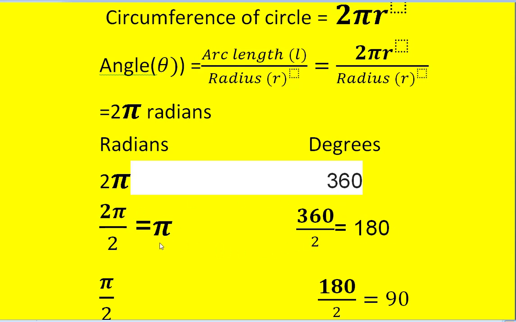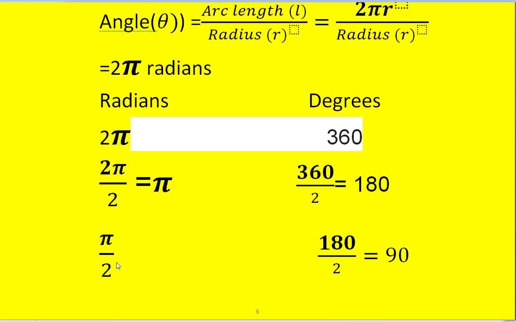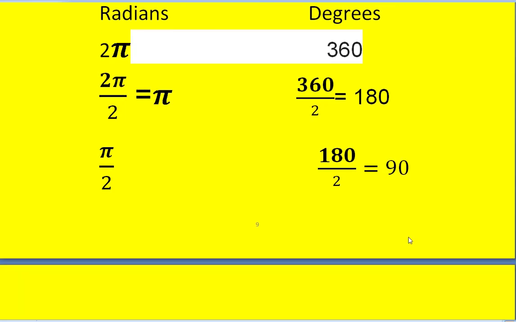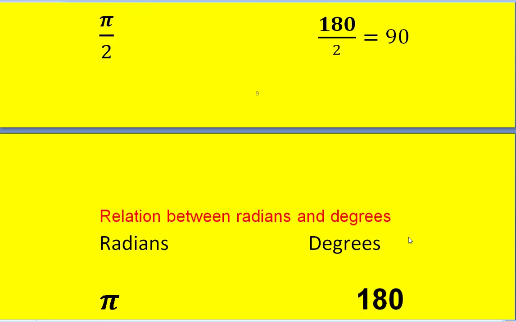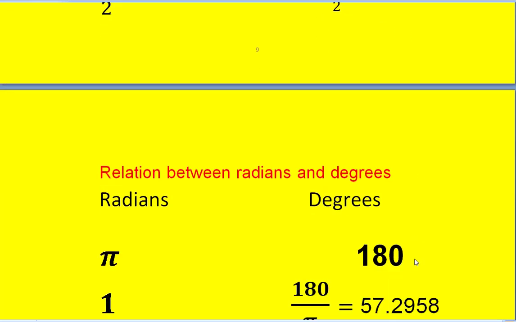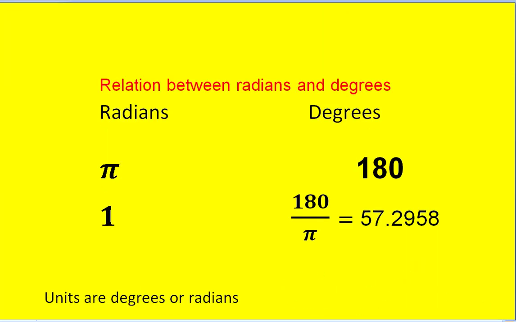Suppose we divide this pi by 2. Similarly, this 180 by 2, then we get like this. Pi by 2 is equal to 180 by 2, which is nothing but 90 degrees. That is, pi by 2 radians is equal to 90 degrees. So suppose we want to know for 1 radian how many degrees. That is the relation between radians and degrees.